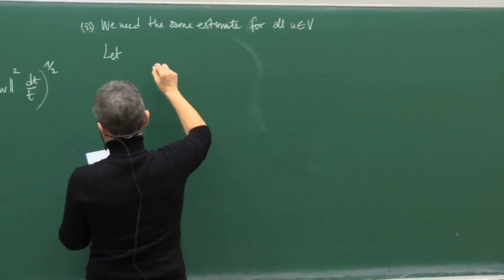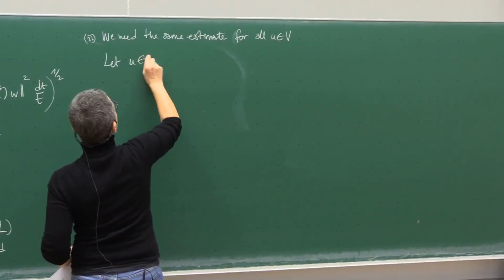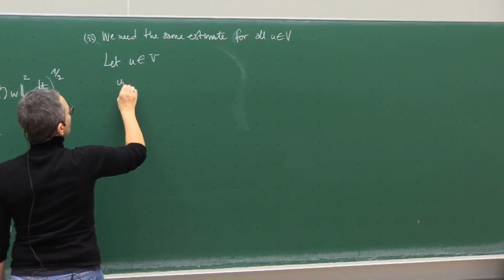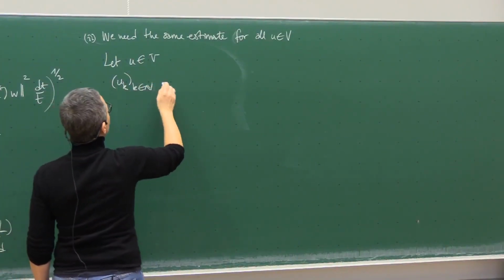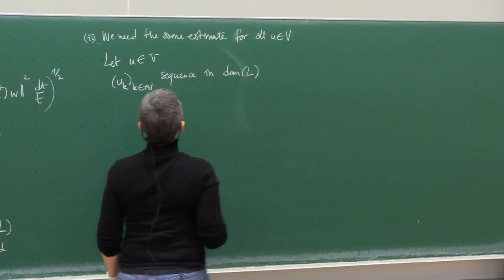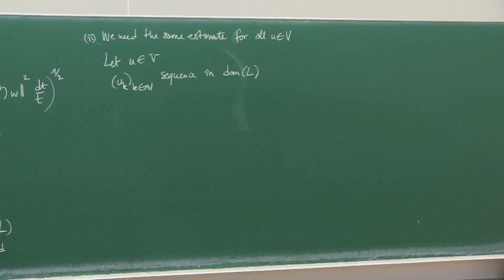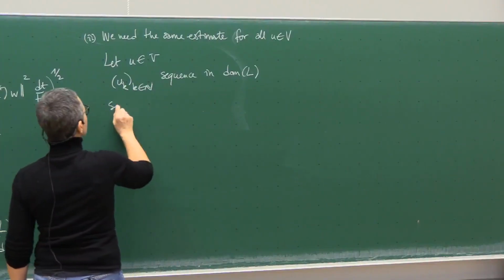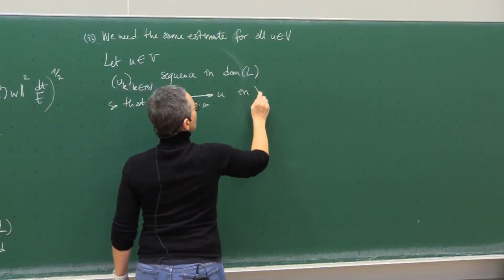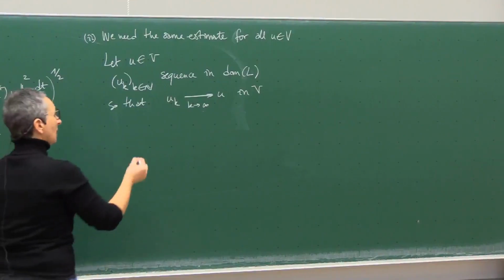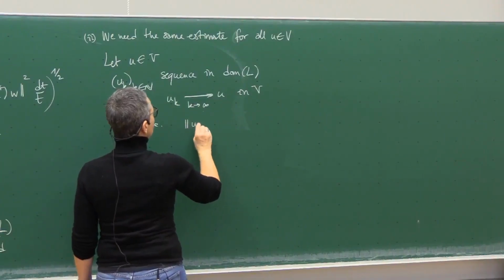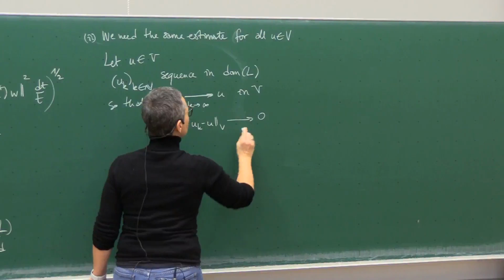You take u in V, and you take a sequence uk in the domain of L, so that uk converges to u in V. So the convergence is in V. It means that the norm of uk minus u in V goes to 0.